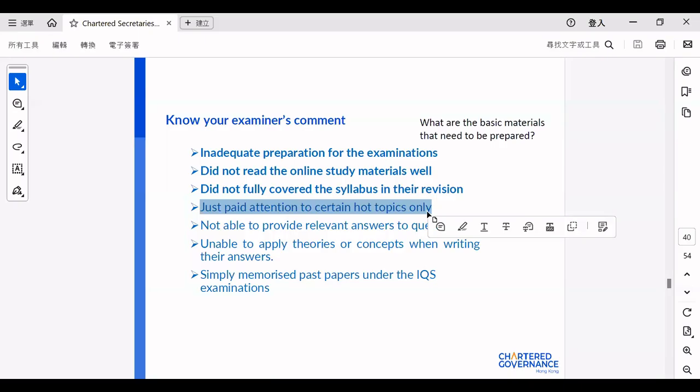That means the candidates just choose what they want to study and ignore the other stuff. They just spot the topics to study, and that is quite dangerous. As long as the examiner sees it, they will be quite hesitant to give you good marks anyway.